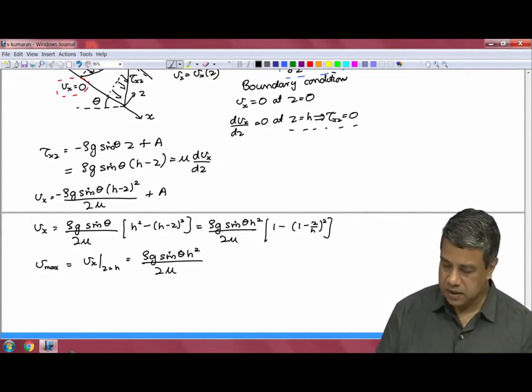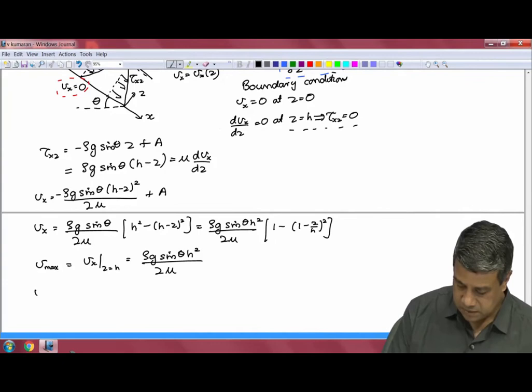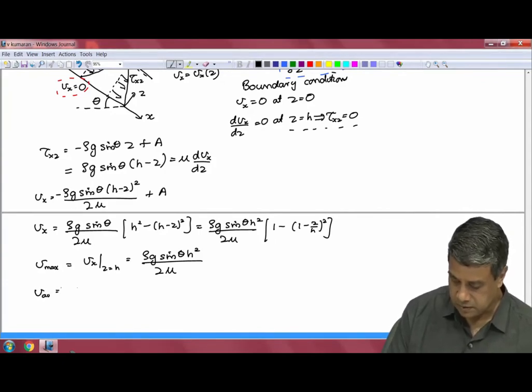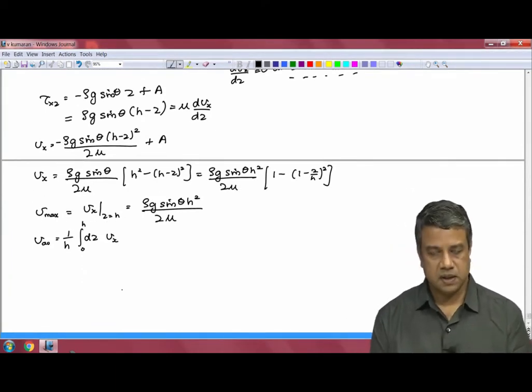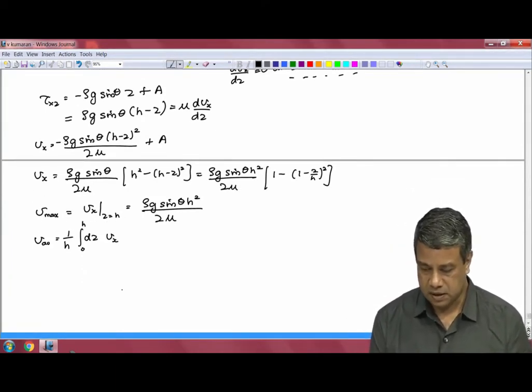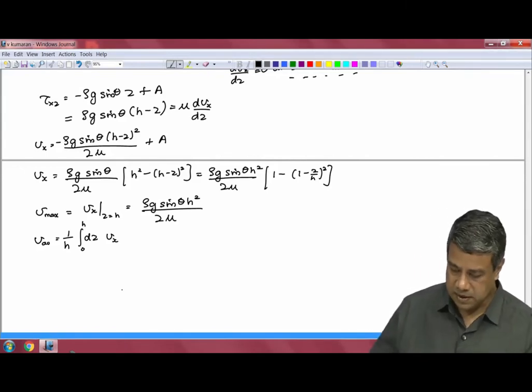You can also find out the average velocity. V average is equal to 1 over h integral 0 to h dz times Vx. You can do that by expanding this out.